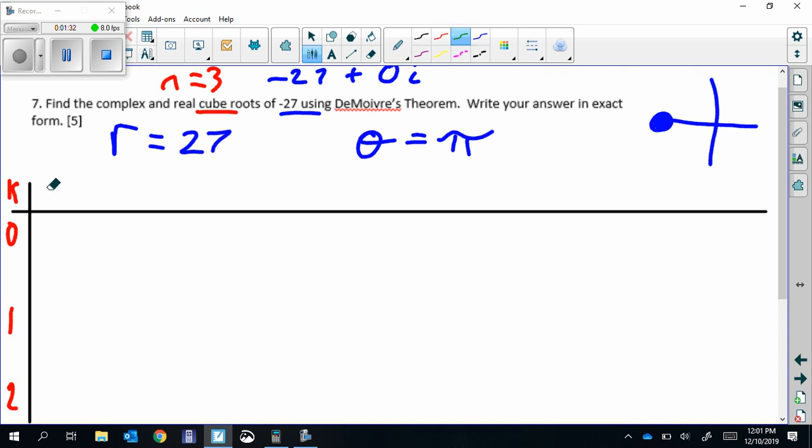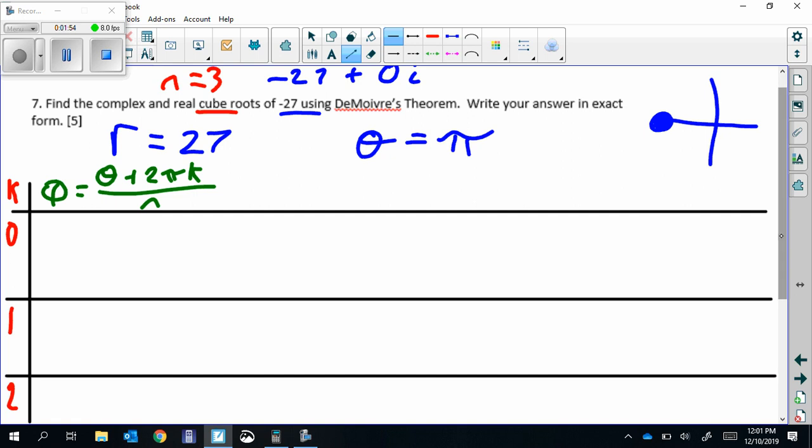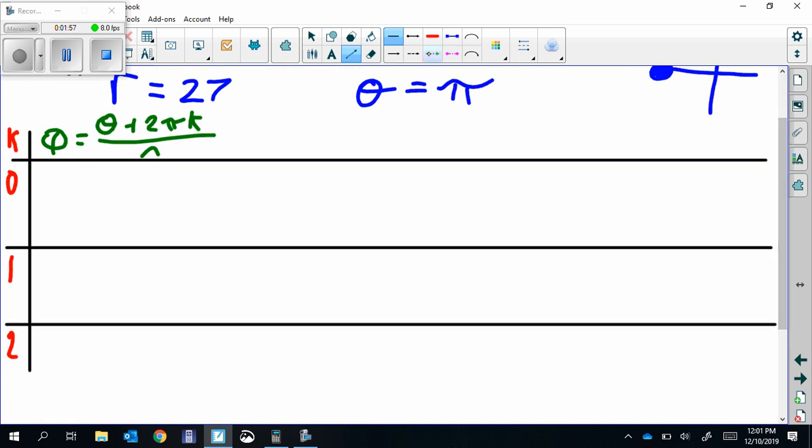And then next we'll find our new angle, which I call phi, by doing that part of the formula, which is theta plus 2 pi times k all over n.